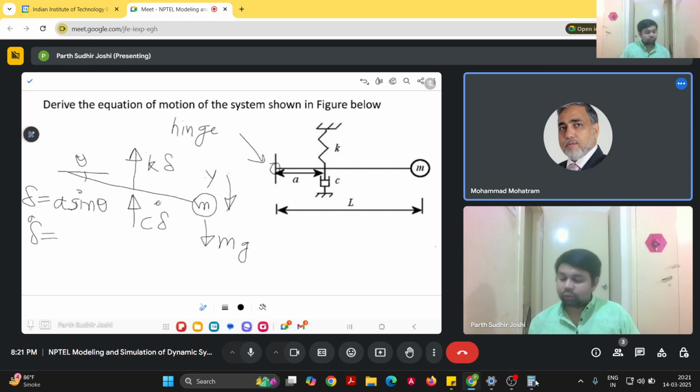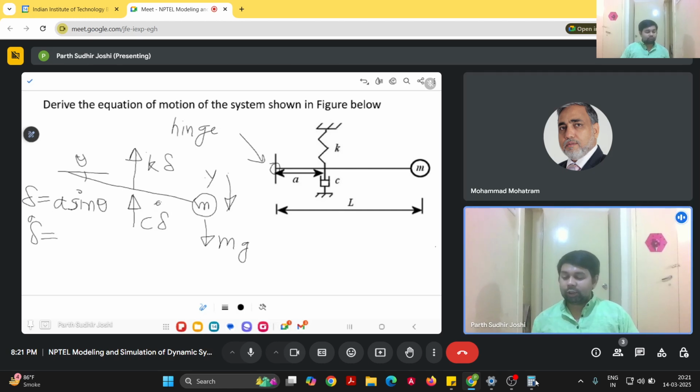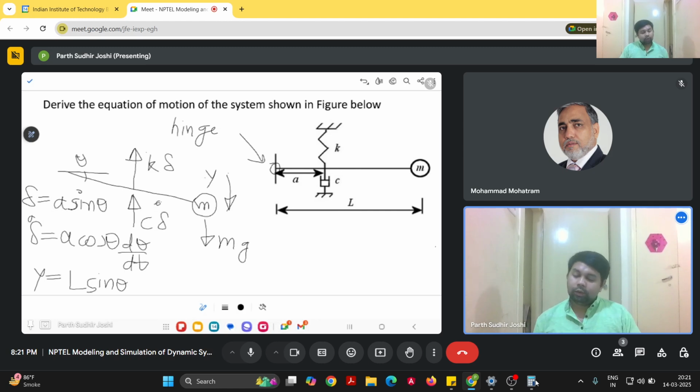If we differentiate this delta with respect to time, we get a cos theta into d theta by dt. Similarly, y will be L sine theta, and y dot, the velocity, is again L cos theta into d theta by dt.